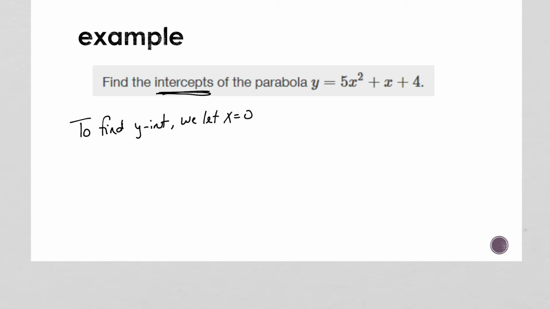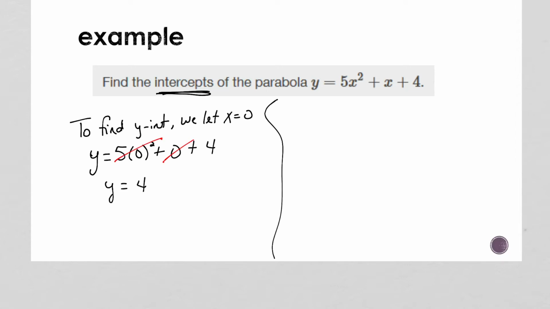So y is equal to 5 times 0 squared plus 0 plus 4. That's 0, and we're left with y equal to 4. So our y-intercept is at (0, 4).